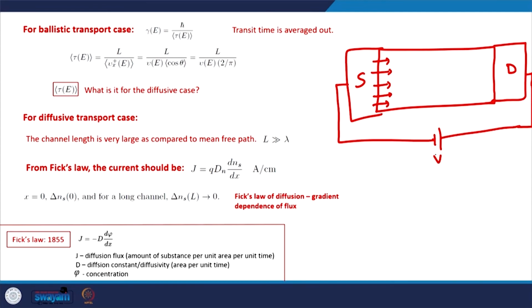All of these electrons will not make it to the drain side. They will undergo scattering in the channel. So, this area of the channel becomes the area of high electronic concentration, and this area becomes the area of low electronic concentration, and that is why diffusion essentially takes place.